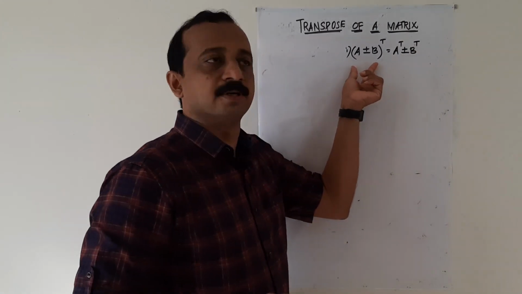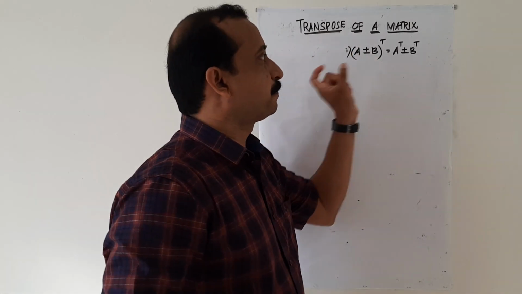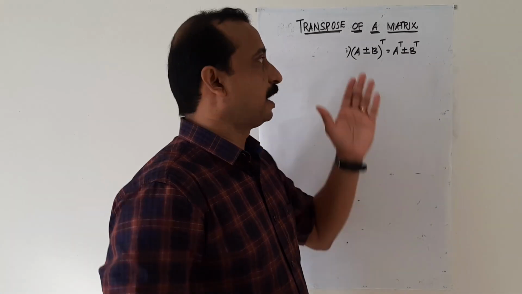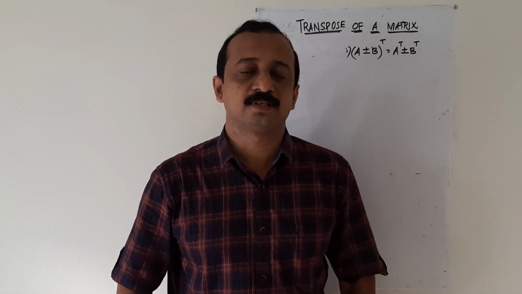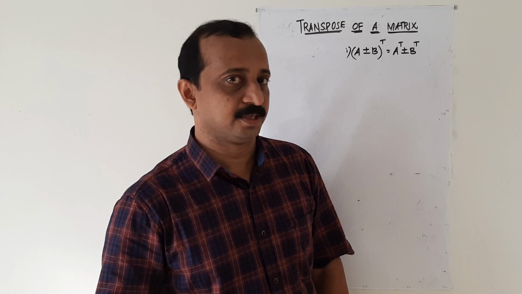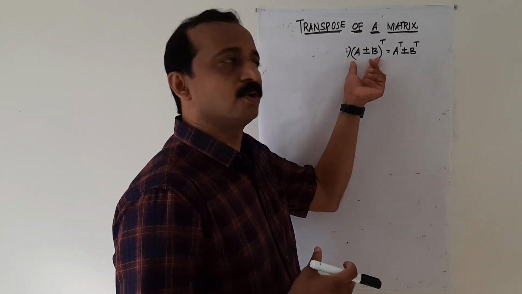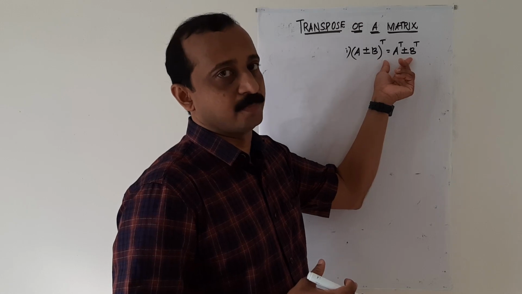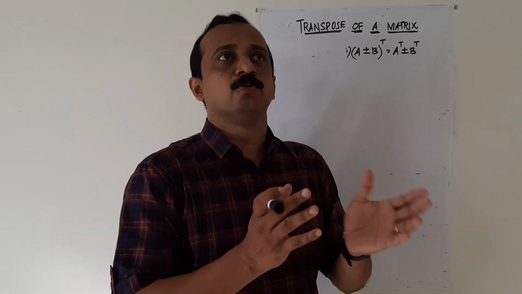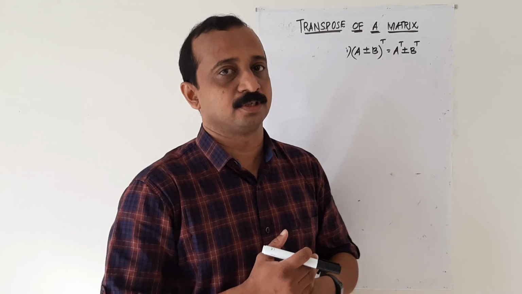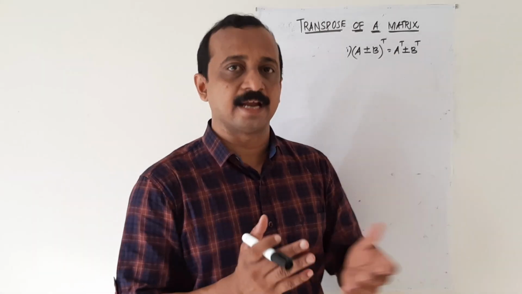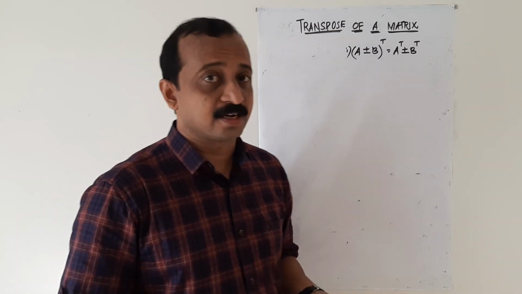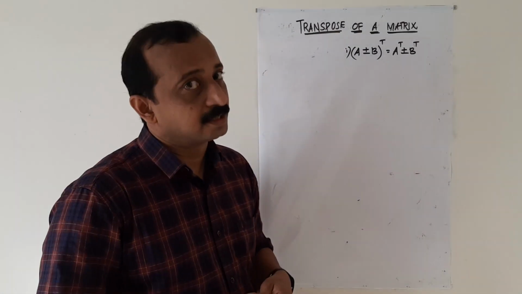Addition and subtraction are combined in the form here. (A plus B) transpose can be written as A transpose plus B transpose, and (A minus B) transpose is written as A transpose minus B transpose. That means the transpose of a sum is the sum of the transposes.